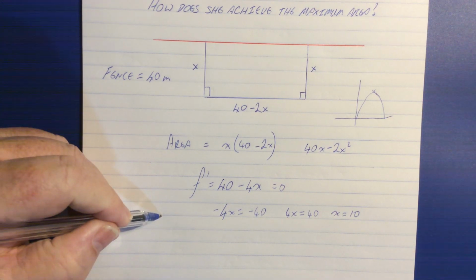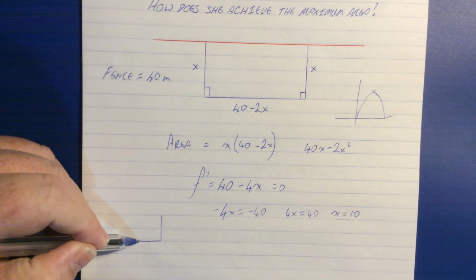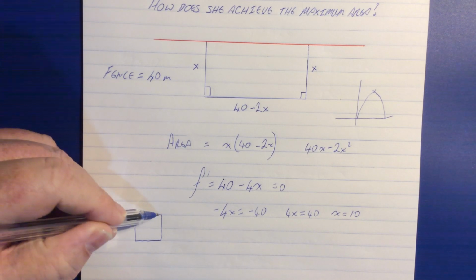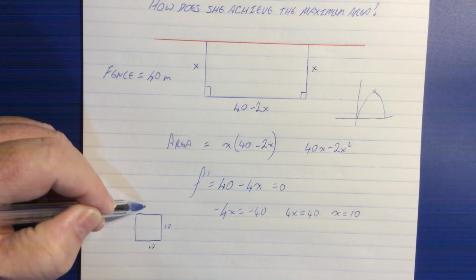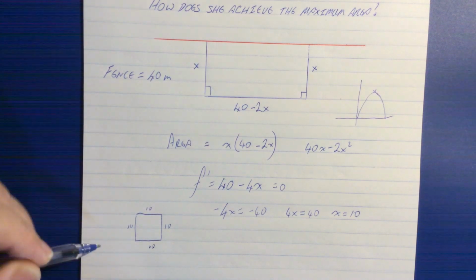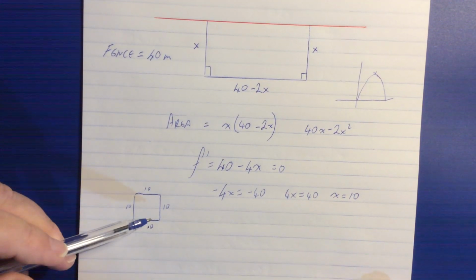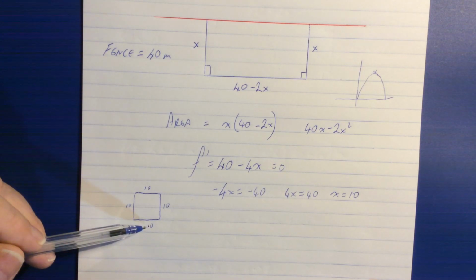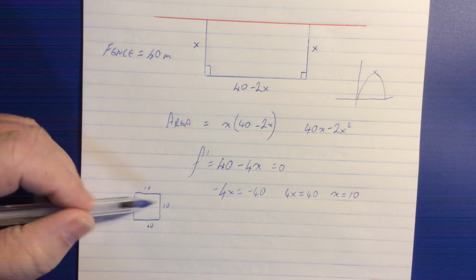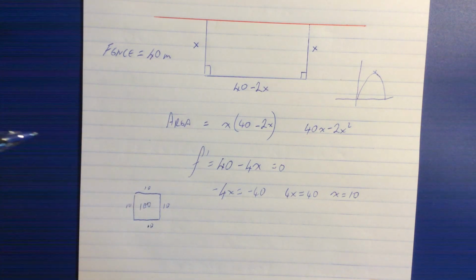So indeed, if we had a square with 10, 10, 10, 10, that's a perimeter of 40, which is what we've got here, and we would have an area of 100.